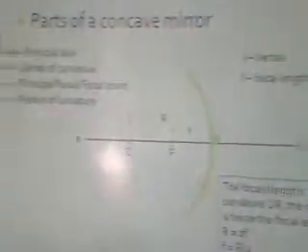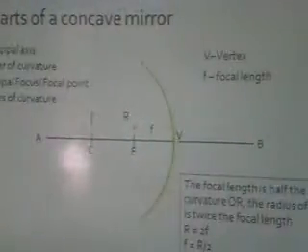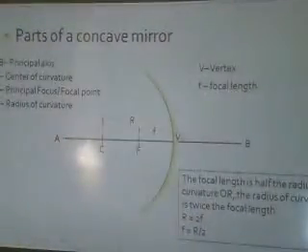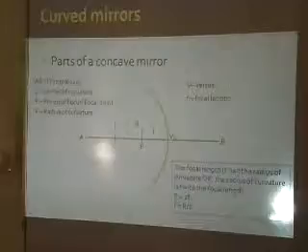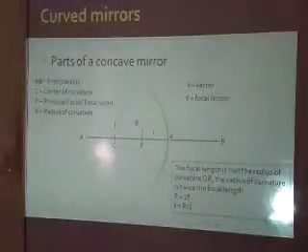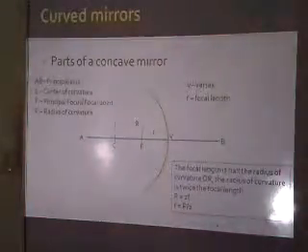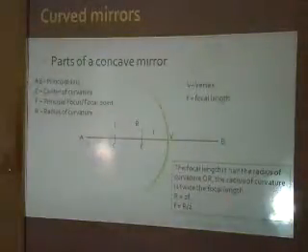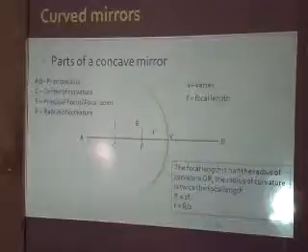Now, we are moving on to parts of a concave mirror. So this is a concave mirror, the green curve being the smooth, shiny surface. Now, in the mirror, we have line AB. That line is known as the principal axis.